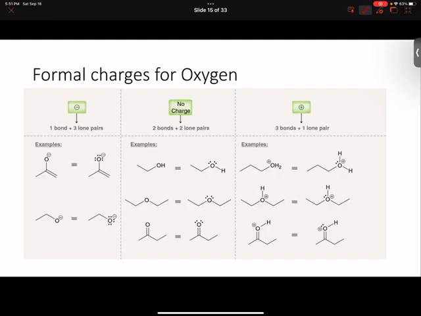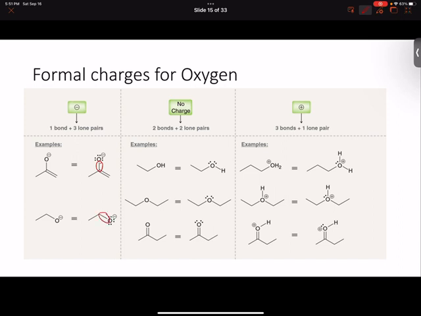The next thing for you guys to know, I feel like you need to know the formal charges for oxygen, nitrogen, and carbon. So I wanted to take some time to go over the formal charges for each atom. When oxygen has 3 lone pairs, it's only gonna be able to do 1 bond.